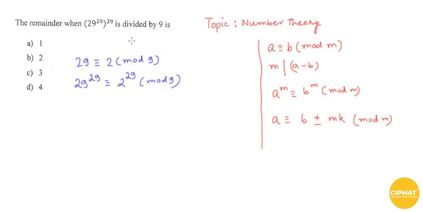For that, we know that 2 to the power 1 is congruent to 2 mod 9, 2 square is congruent to 4 mod 9, and 2 cube is congruent to 8 mod 9. Using this property, I can subtract a 9 from the 8, so I can write 2 cube is congruent to 8 minus 9, that is minus 1 mod 9.